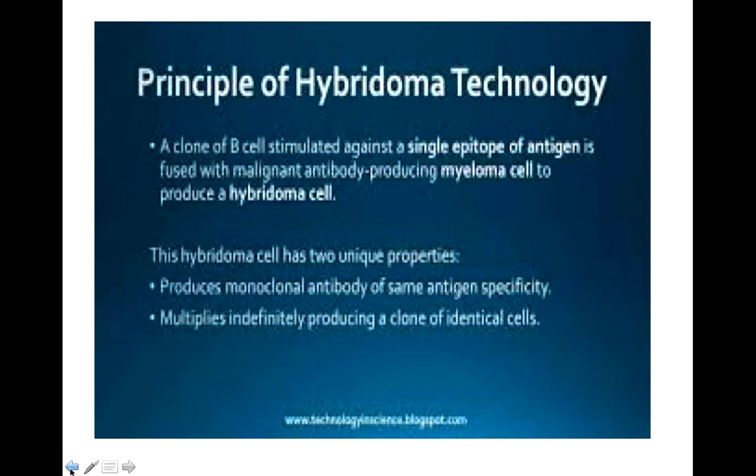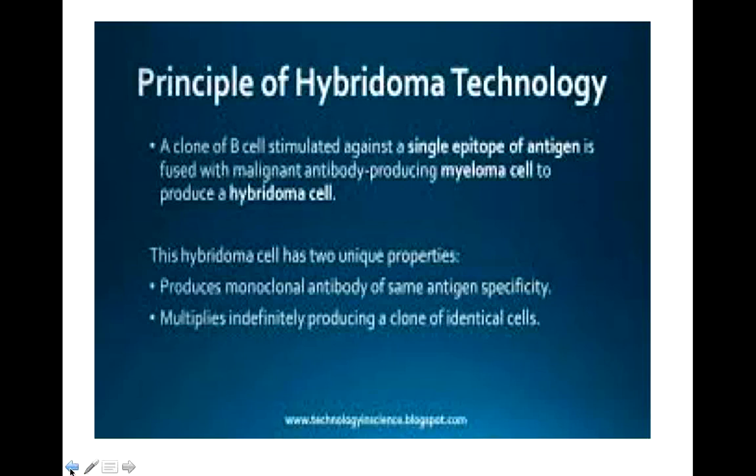Secondly, it multiplies indefinitely, producing a clone of identical cells. The resulting clones of hybridoma cells, which secrete large quantities of monoclonal antibody, can be cultured indefinitely, and the technique for producing monoclonal antibody gives a powerful and versatile tool to immunologists.